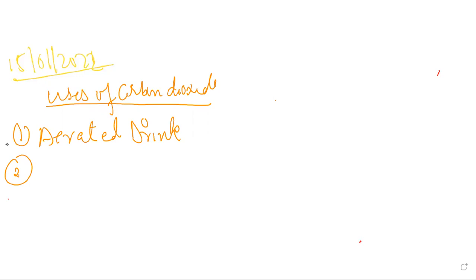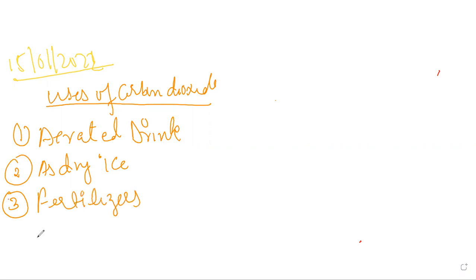As dry ice. Dry ice is the solid form of carbon dioxide. It acts as a good refrigerant and is used to keep food items such as vegetables and meat frozen. Dry ice with hot water is used in producing thick, voluminous fog, which is used in creating fog effects on movie sets. In making fertilizers, carbon dioxide along with ammonia is used to manufacture fertilizers such as urea.